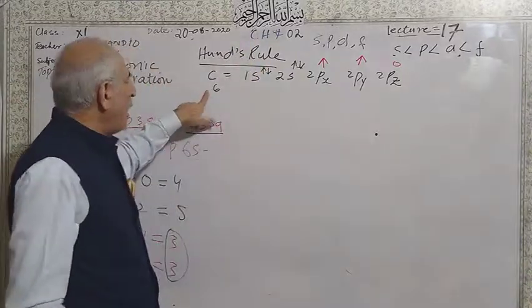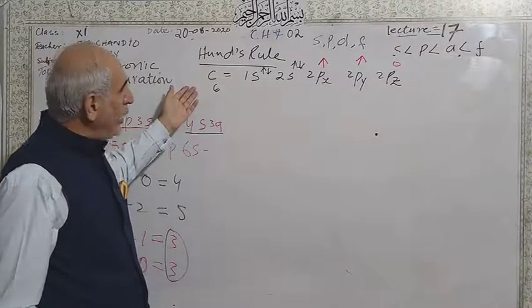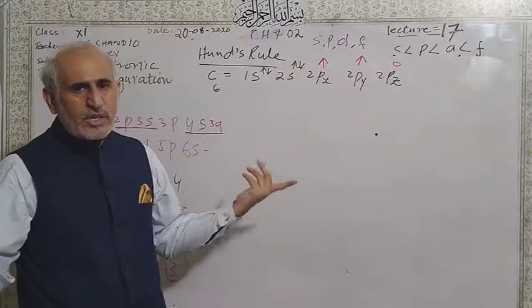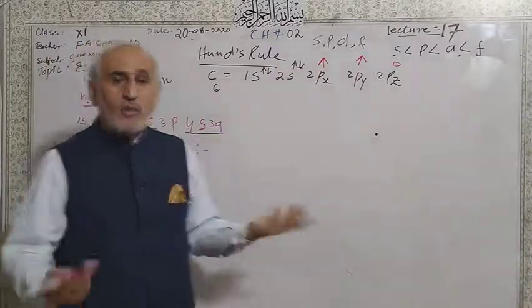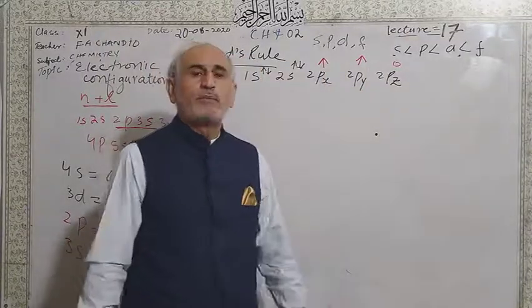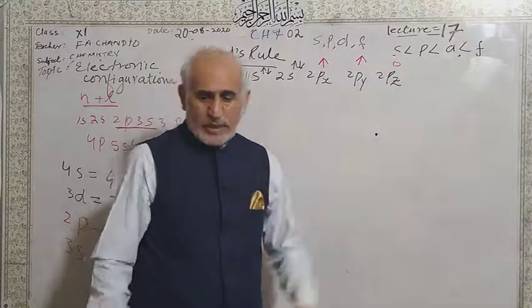If the atomic number is 5, for boron, I can put 1, I have no problem because there are 5 electrons only, not 6. But if there are 6, or more than 1, you have to put them in separate orbitals with the same spin.